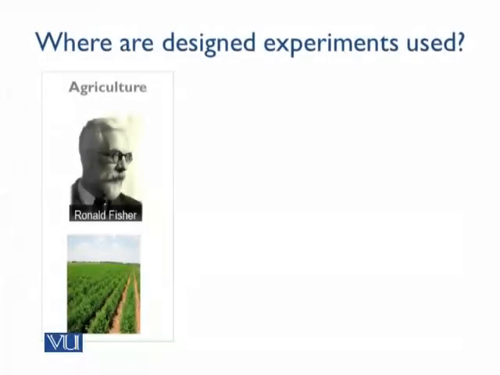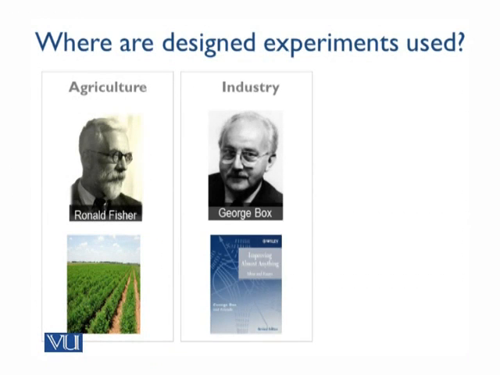of experiments. It initially started in an agricultural setting, but then in the 1940s and 50s, it made a big splash in the industry as a process optimization tool. And one pioneer who was very active in this area was George Box.